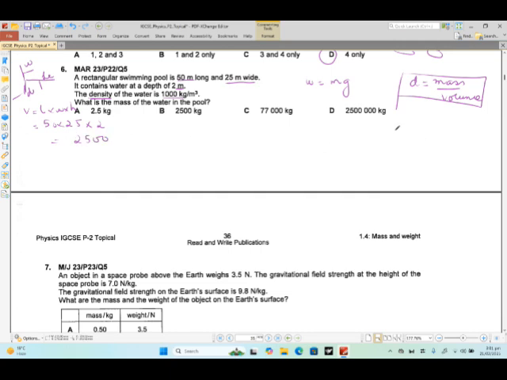So now we have the volume. We will write the density. Volume would be 2500. So 2500 into 1000 is going to be our mass. So it is 2,500,000 kgs. This is going to be our answer.